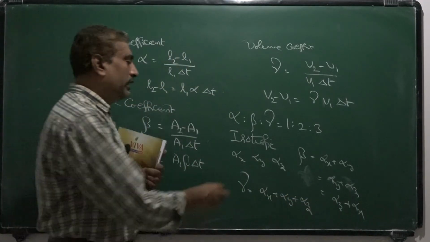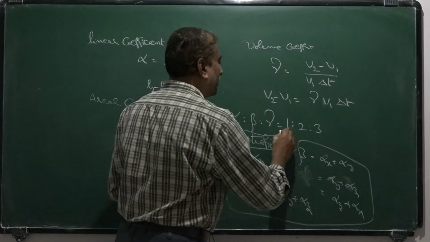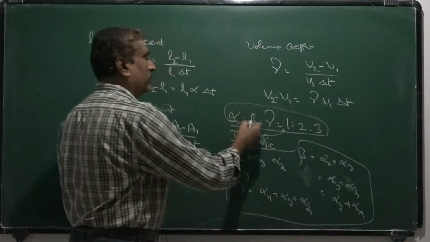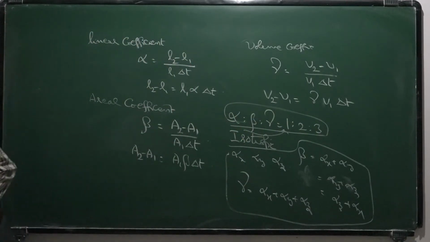Okay, these relations are for anisotropic solids, and for an isotropic solid, alpha, beta, gamma are in the ratio 1 is to 2 is to 3.